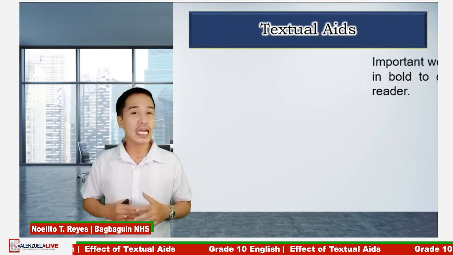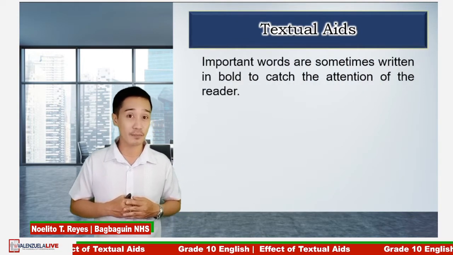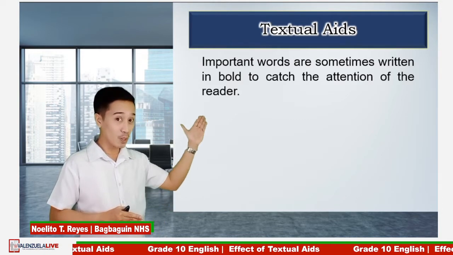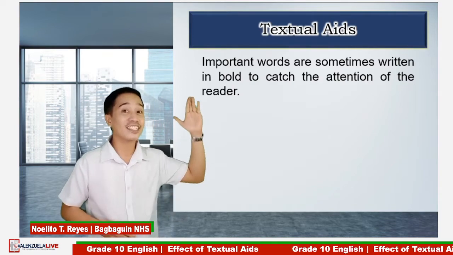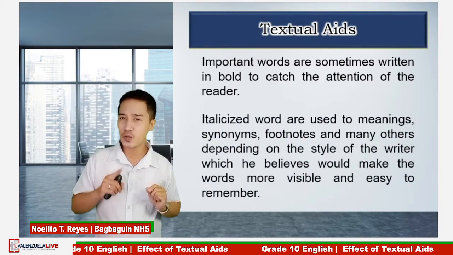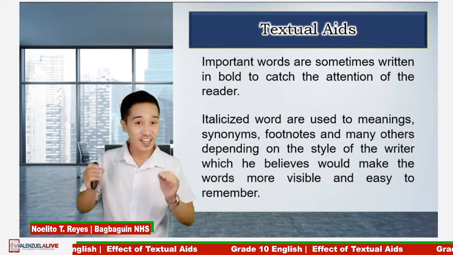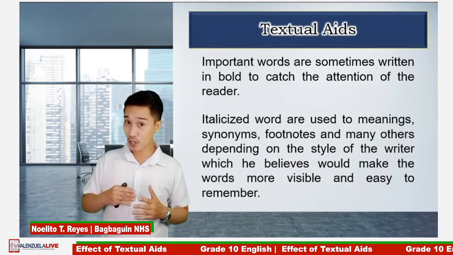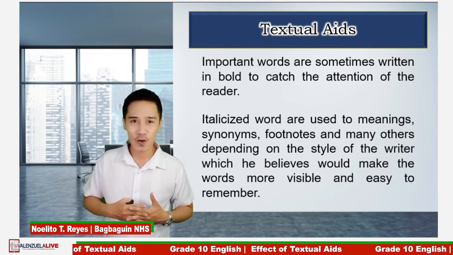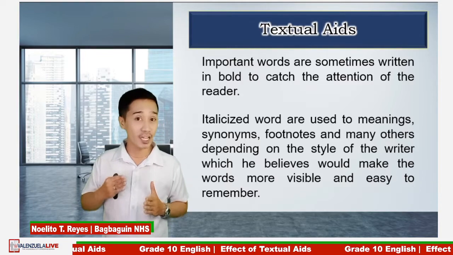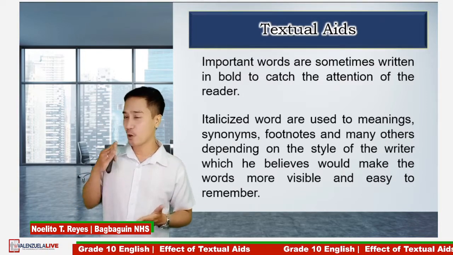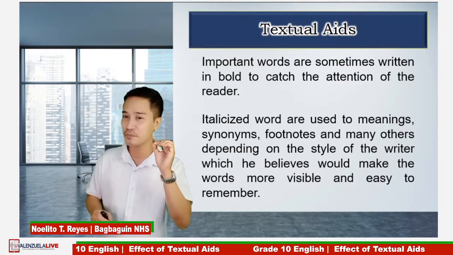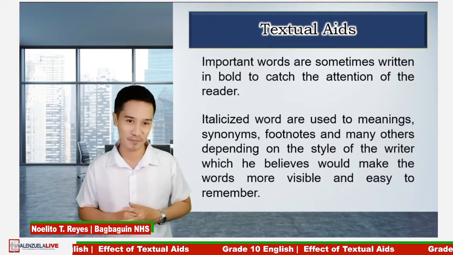Moreover, important words are sometimes written in bold to catch the attention of the reader. Italicized words are used to show meanings, synonyms, footnotes, and many others depending on the style of the writer, which he believes would make the words more visible and easy to remember.